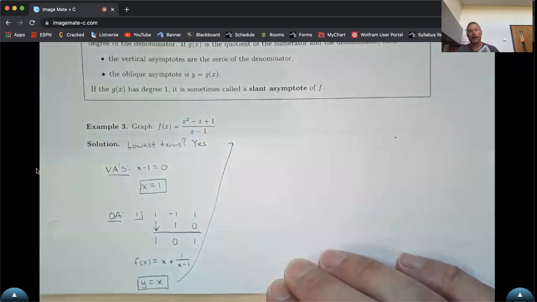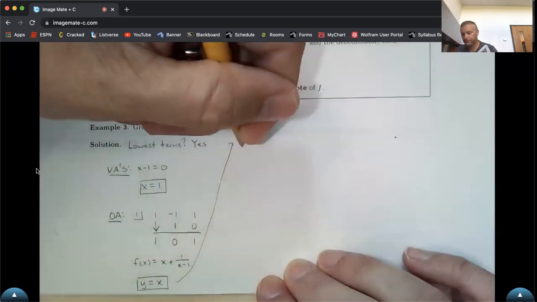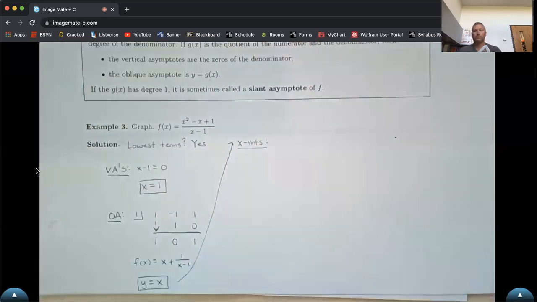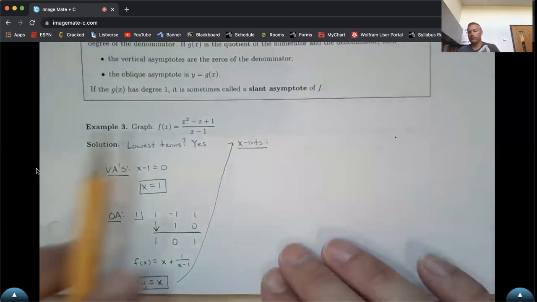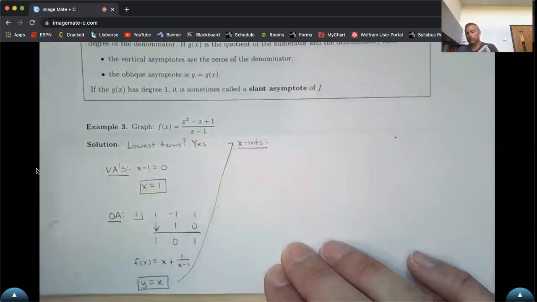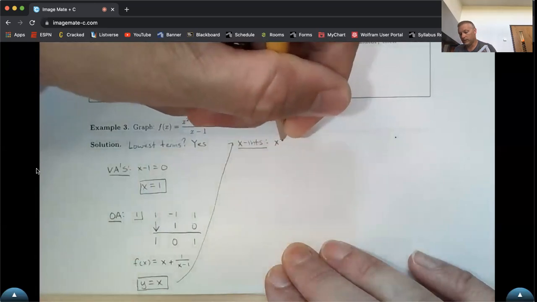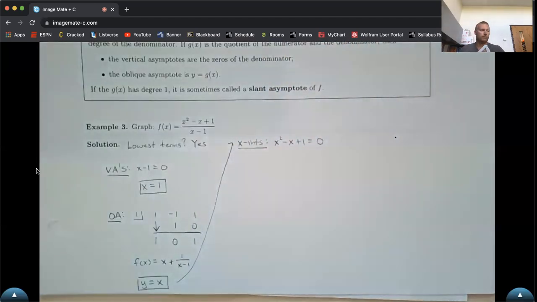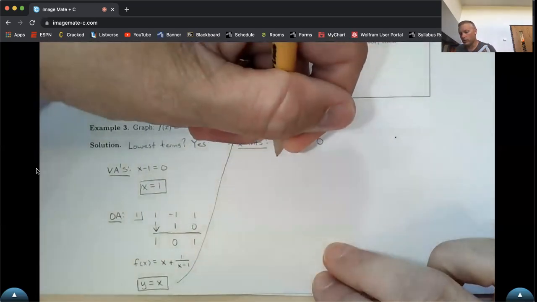The next thing we seek out are any x-intercepts. The only way a fraction can be equal to 0 is if the top is equal to 0. So let's set x squared minus x plus 1 to 0 and see if we can solve it. Like we said earlier, it's not going to factor, so we're going to have to use the quadratic formula.